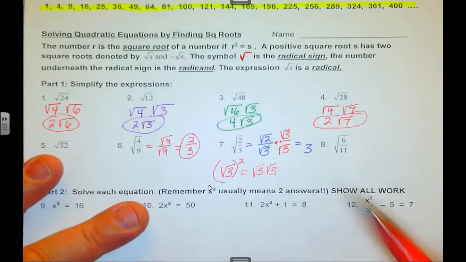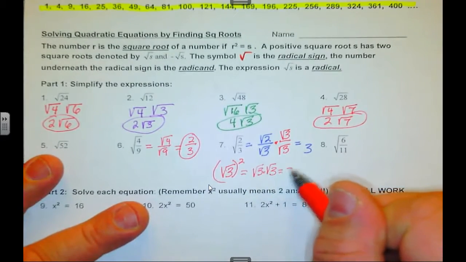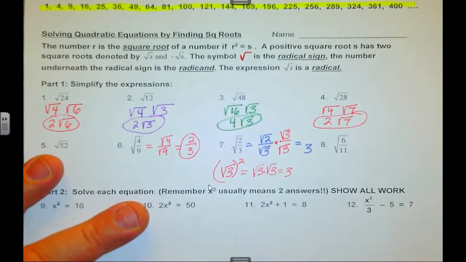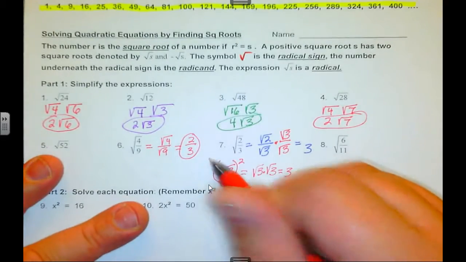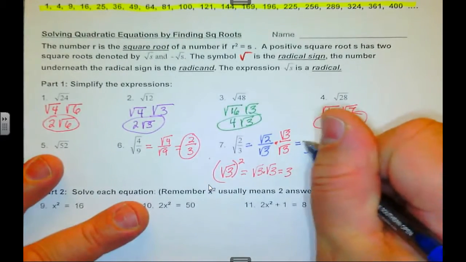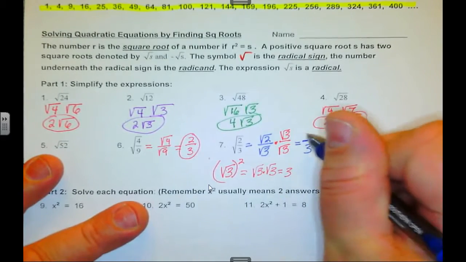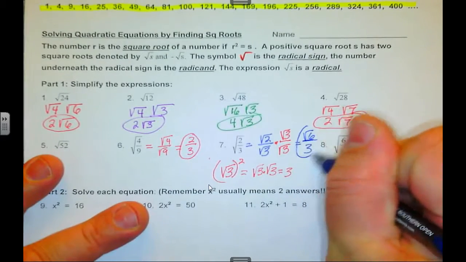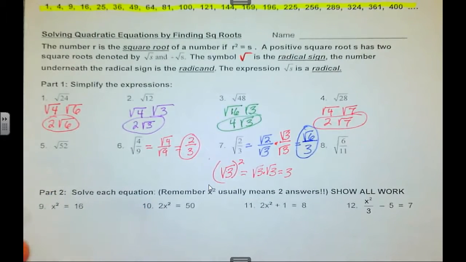That's what radical 3 squared means. So when I multiply these, I just get what's inside the radical. It's a side note. And radical 2 times radical 3 is radical 6. Here's my answer.